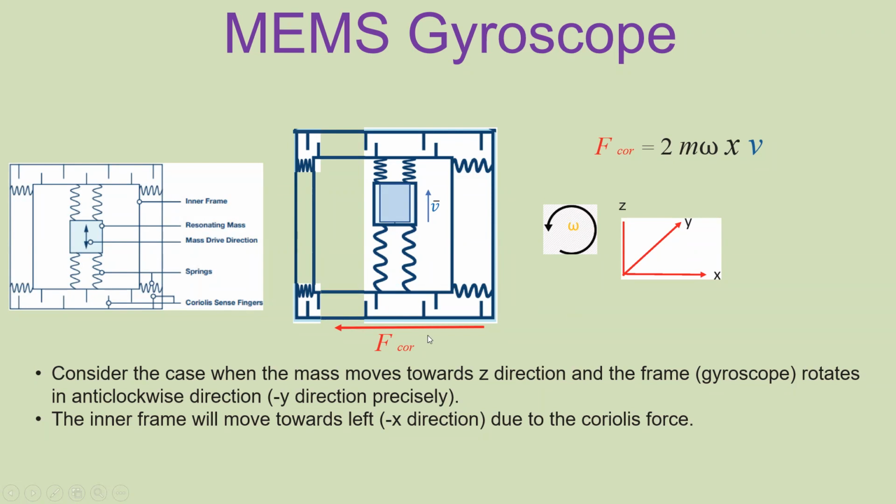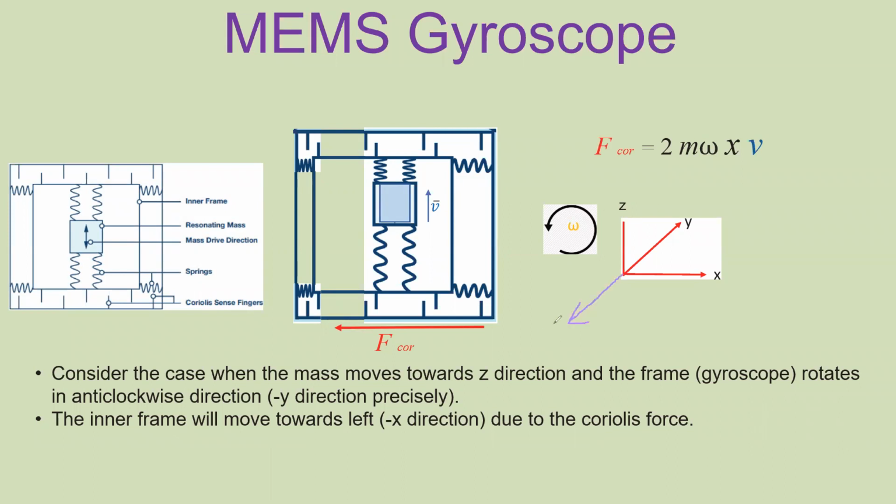So how to find the Coriolis force? The direction of the Coriolis force will be the cross product of omega and v. So omega is out of the screen, that means minus y direction. You can curl your fingers from this direction to Z. So I'll just do it and tell you.